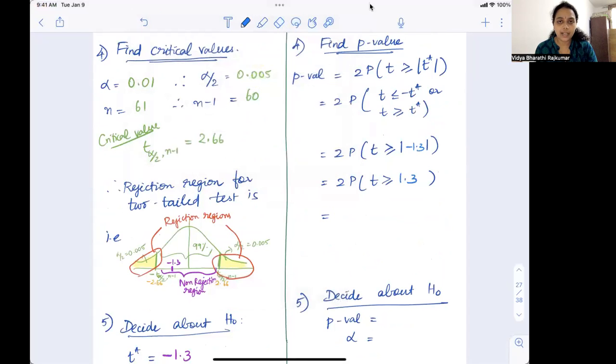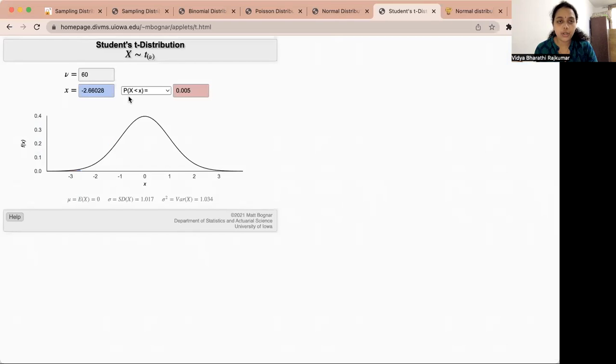So now if I go back to my applet, I want to look at the area to the right of say 1.3, and this shaded region, the area is about 0.099.